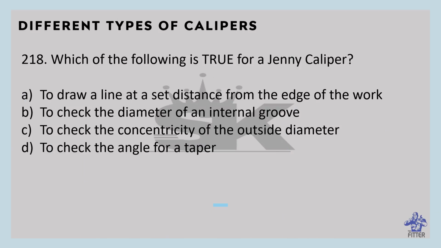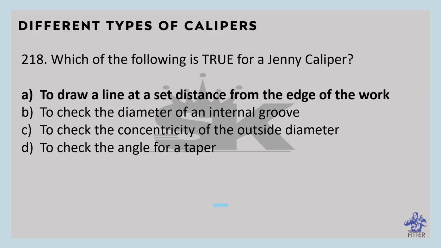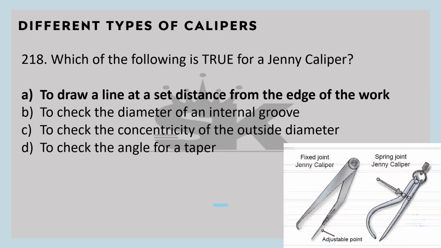Which of the following is true for Jenny caliper? To draw a line at a set distance from the edge of the work. So that's the right one. You can see here the Jenny caliper, or odd leg or hermaphrodite caliper.